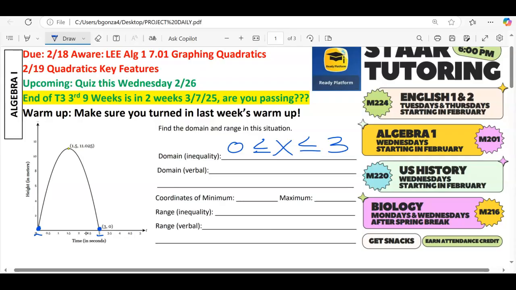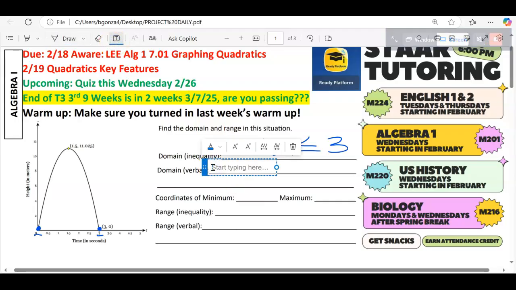Now, you do need to be able to put it as a verbal explanation, and we always start with all real numbers. So check it out, all real numbers. And for the small one, you're going to put greater than or equal to 0.